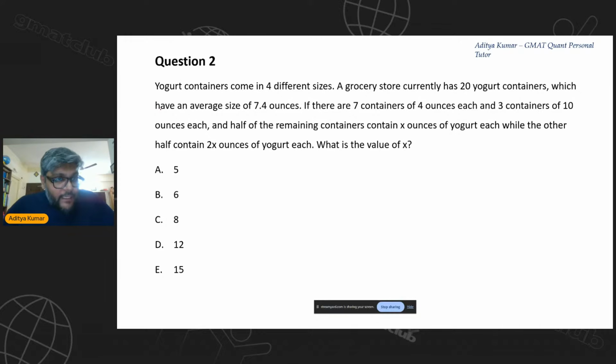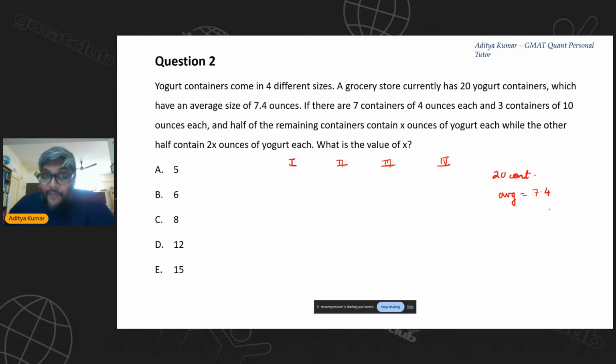Okay. So yogurt containers come in 4 different sizes. A grocery store currently has 20 yogurt containers. So I know it's 4 sizes. I'll just call it 1, 2, 3, and 4. And there are 20 containers which have an average size of 7.4 ounces. Now, this is what I normally tell my students: whenever you see information of the average given to you, the average on its own is not very nice information to have.